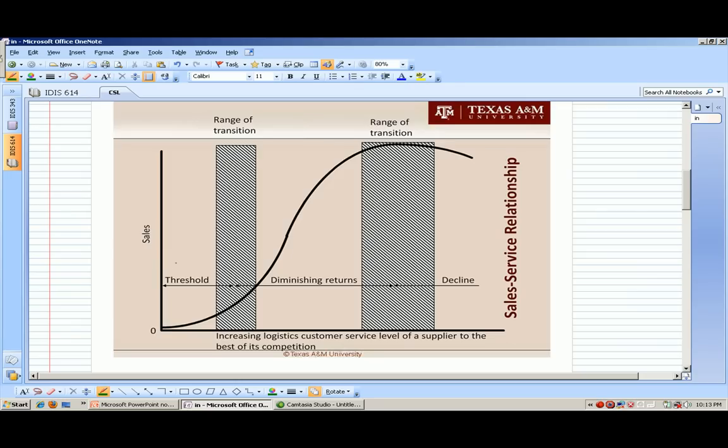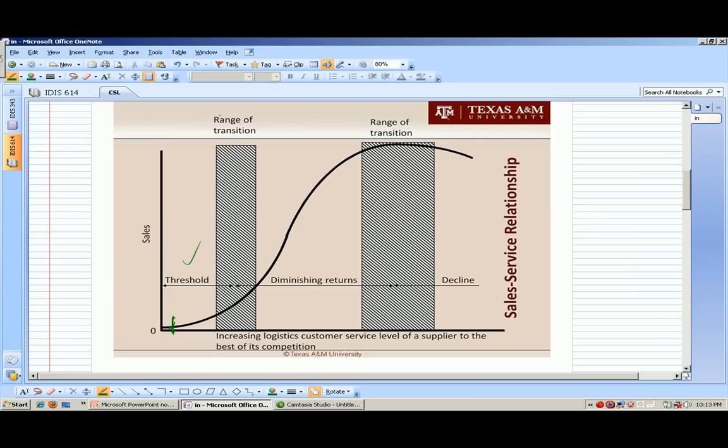The first one is called threshold area. Basically, you are trying to match your competitors' customer service level. Okay, when you have very poor customer service level, you cannot have any sales. As you start matching your competitors, you see an increase in the customer service level. Then we have a range of transition, which is basically a gray area.